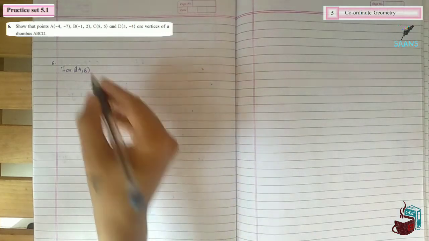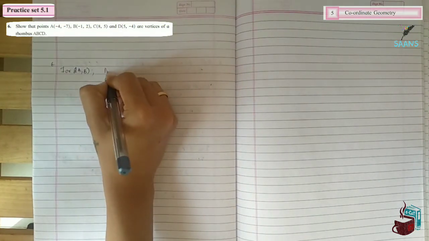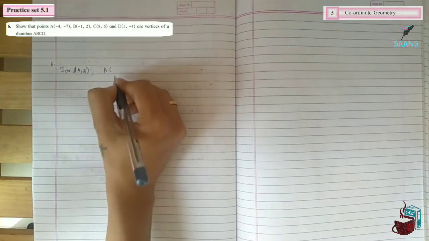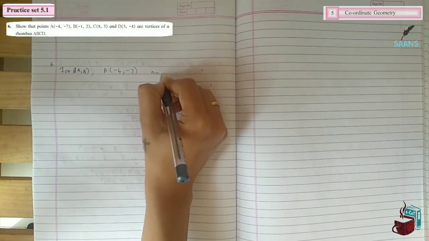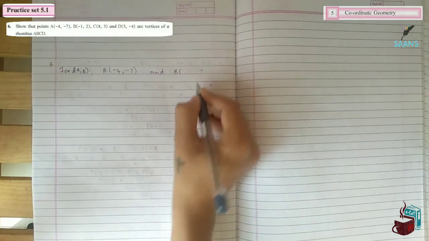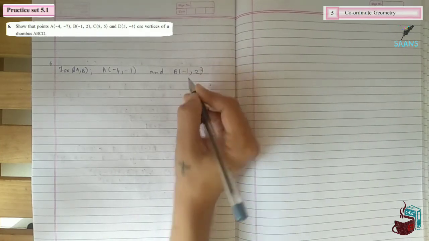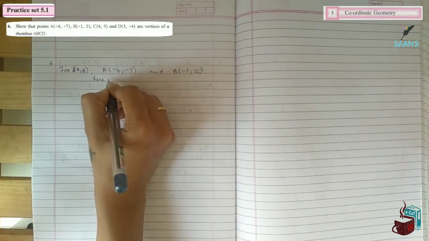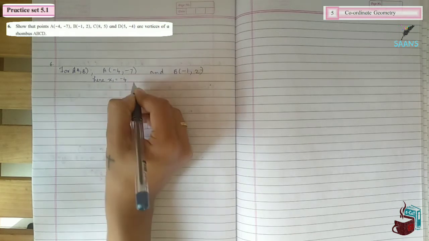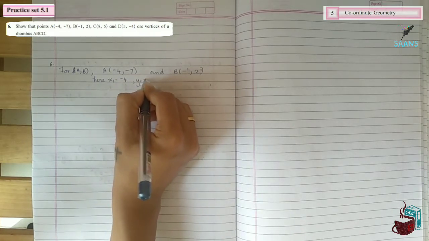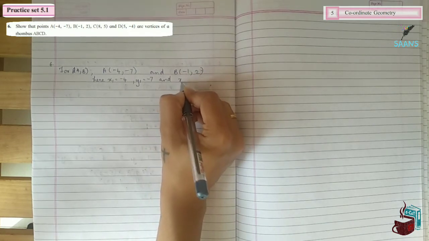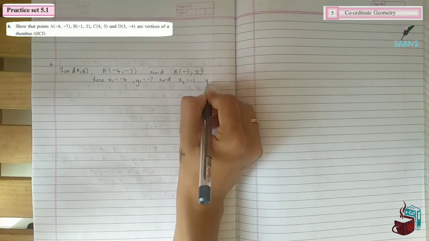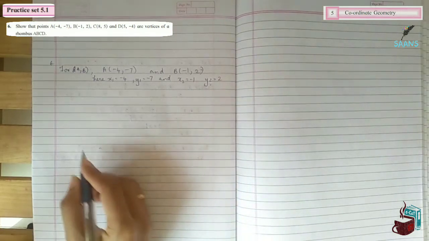So for AB directly, A is minus 4 comma minus 7 and B is minus 1 comma 2. Here x1 is equal to minus 4, y1 is equal to minus 7 and x2 is equal to minus 1, y2 is equal to 2.